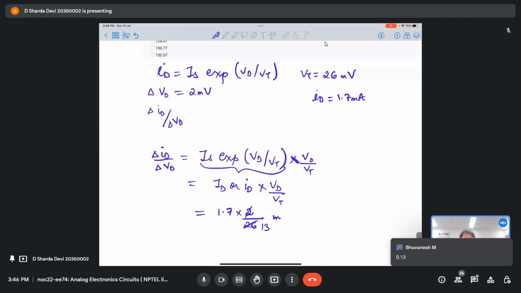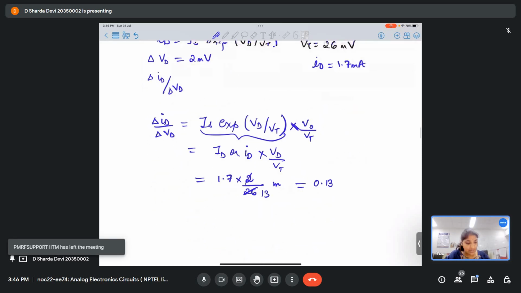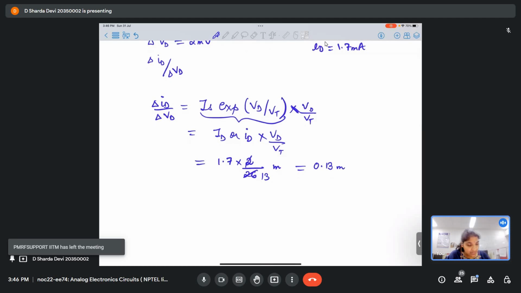Yes, it's 0.13, right? The answer has to be reported in microamperes. So this is in milli, and for micro it will be 0.13 milli into 1000, which means 130 micro.